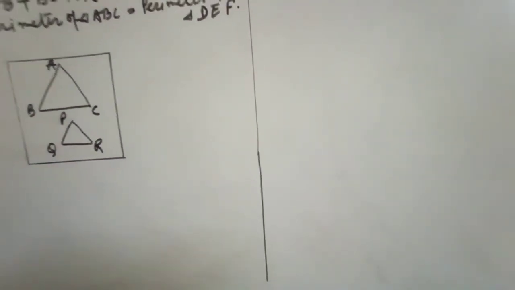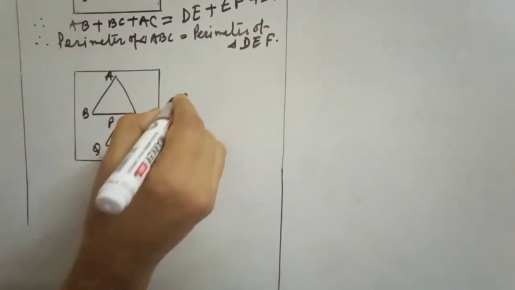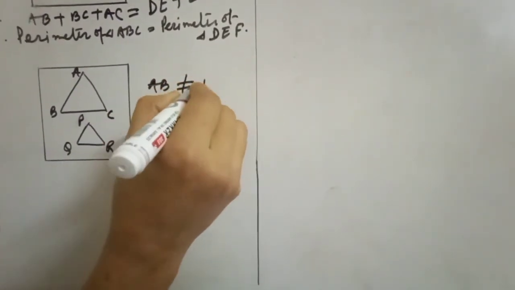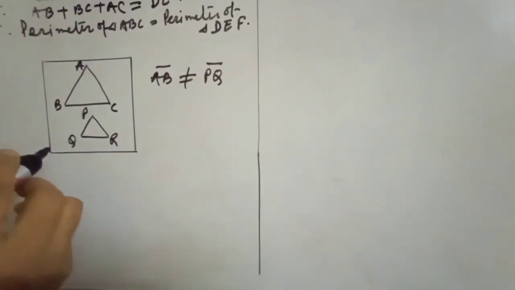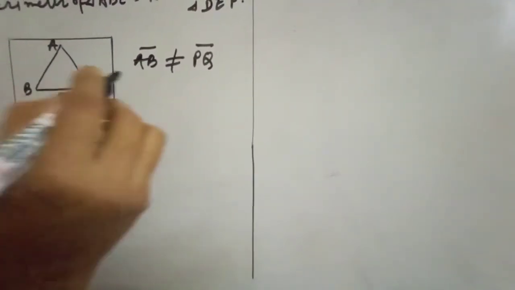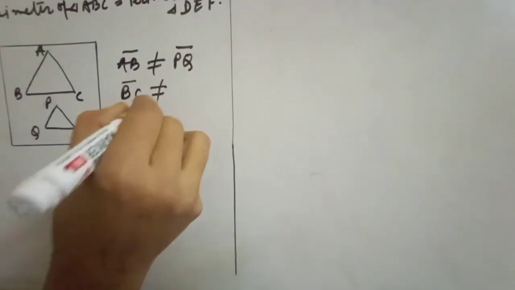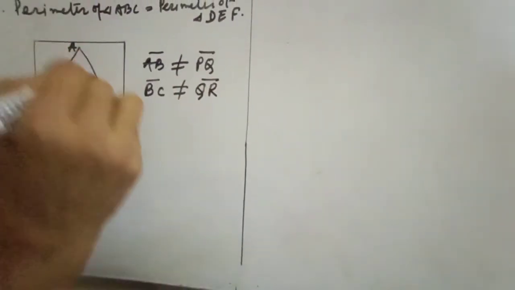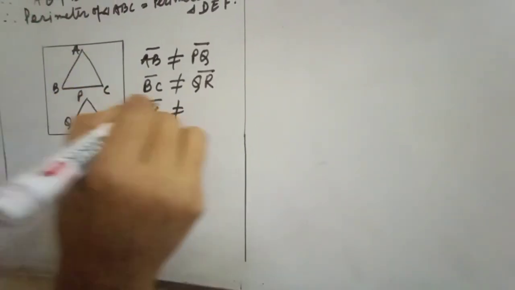Now you can clearly see that side AB is not equal to line segment PQ. Line segment BC is also not equal to QR. And AC is also not equal to PR.